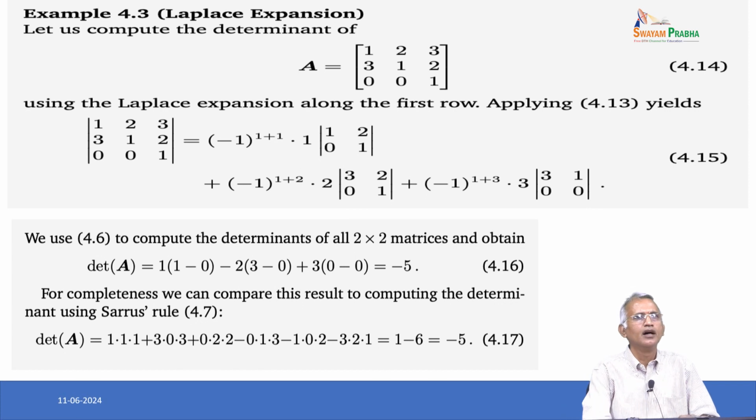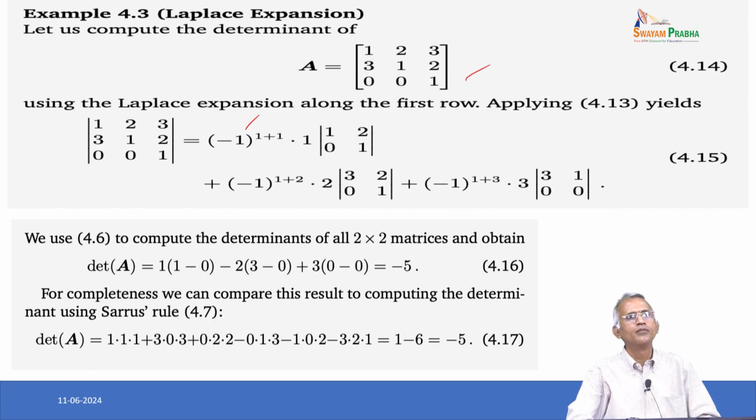So, now let us compute the determinant of A equal to 1, 2, 3, 3, 1, 2, 0, 0, 1. Here we apply the Laplace expansion, using minors and cofactors.